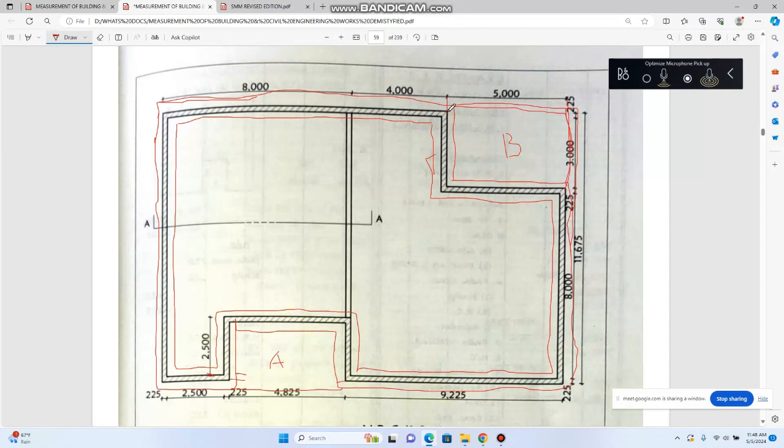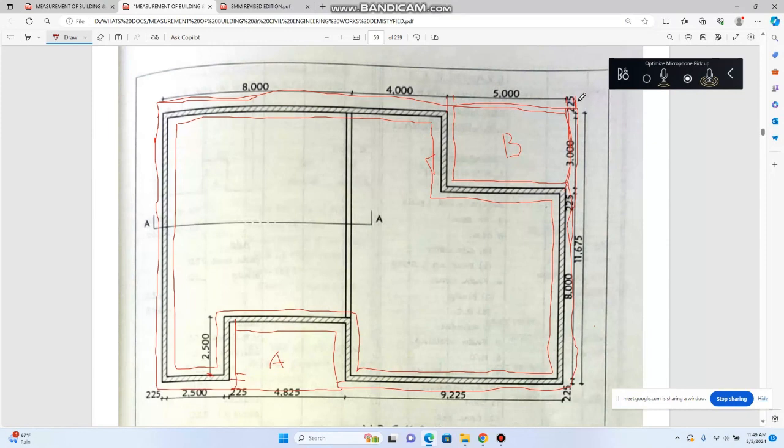So she deducted 225 on this side. Then she was left with from here up to here. Then she added 225. So it is 5000 minus 225 plus 225.